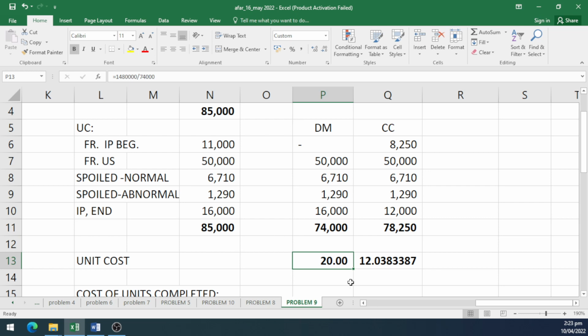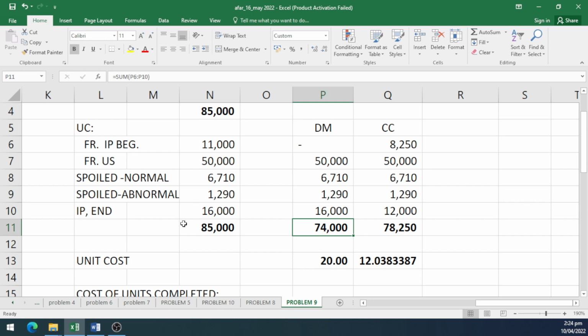The cost per EUP for material is 20. The formula is 1,480,000 divided by 74,000.